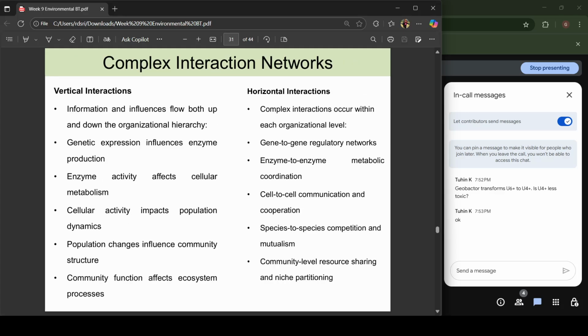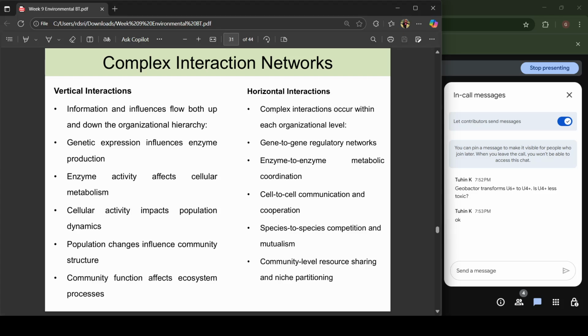So when gene expression is influenced, it affects the enzyme production and activity, which in turn affects the cellular activity itself, which in turn leads to population change and a disruption in the community function. So this is a vertical interaction.